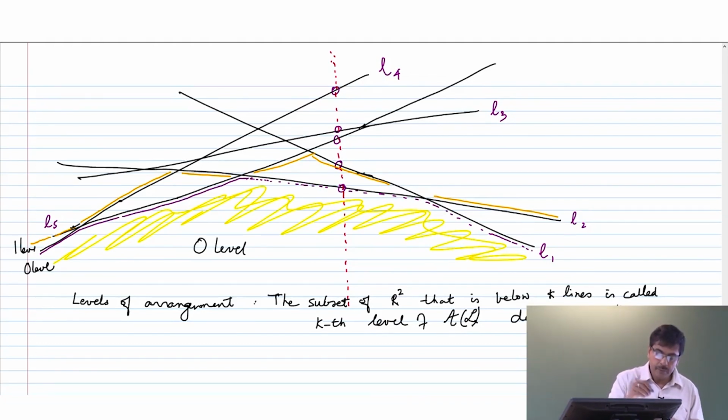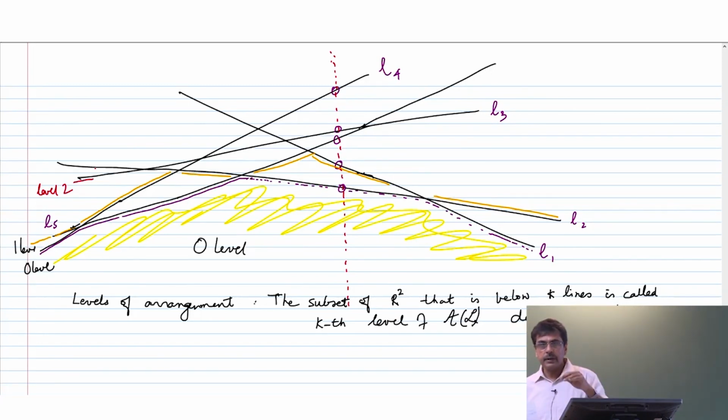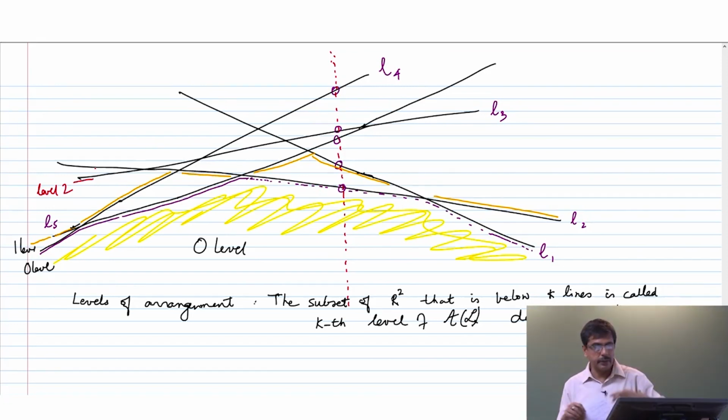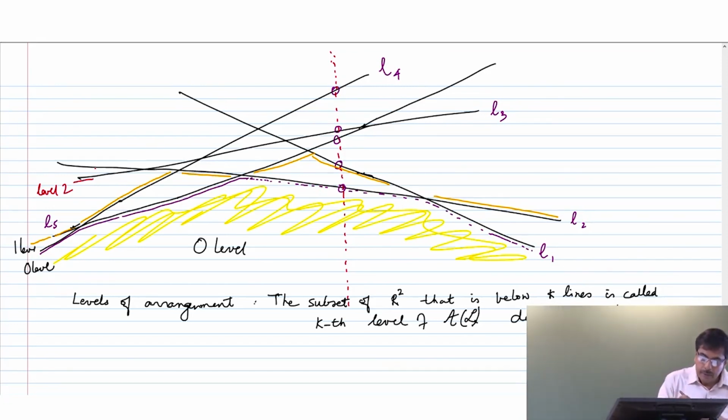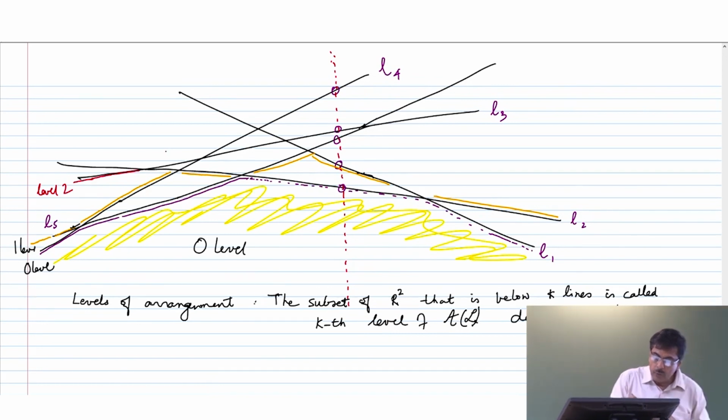Then I can have the second level, right. So, the second level will start from here. How do I start? I basically go to the extreme left, where there are no more intersection points, and I start counting the lines. So, I start from here. I cannot go above, because if I go above, then I will be in level 3. So, I should follow, and at every intersection point we have a break, right.